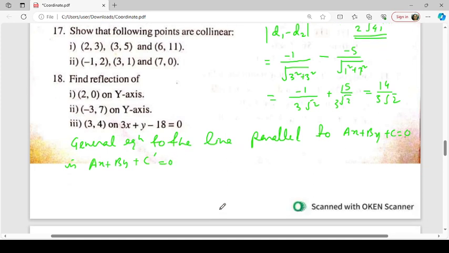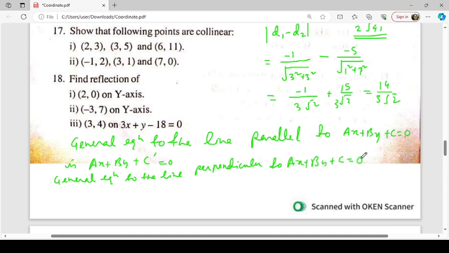And another is the general equation of the line perpendicular to the given line ax plus by plus c equal to 0.